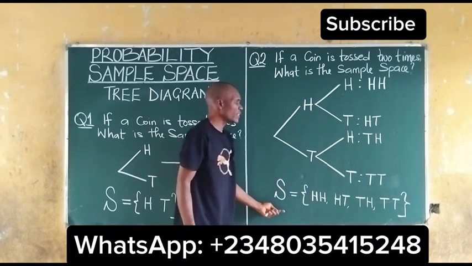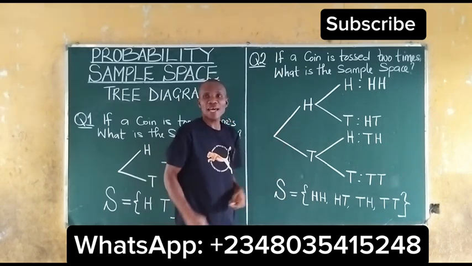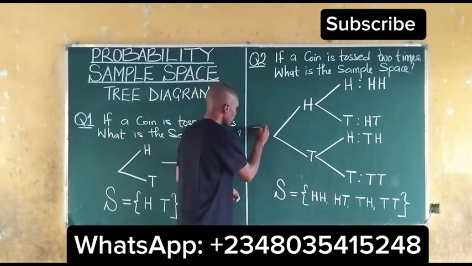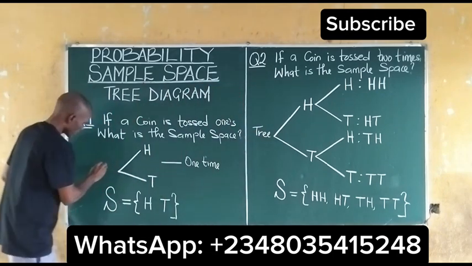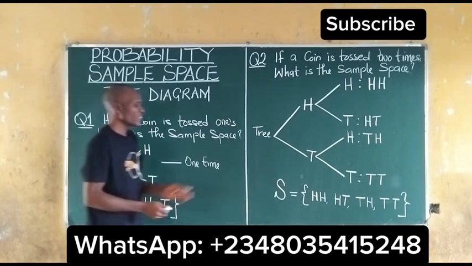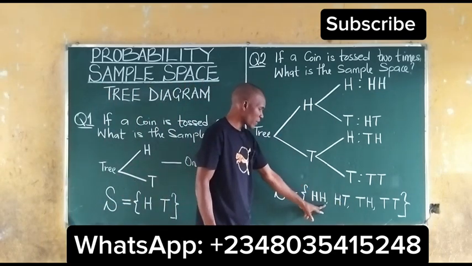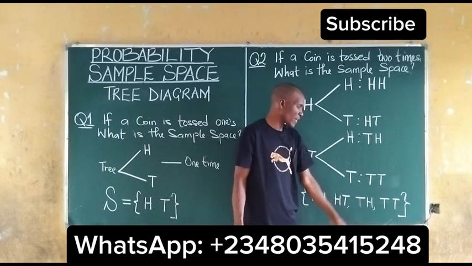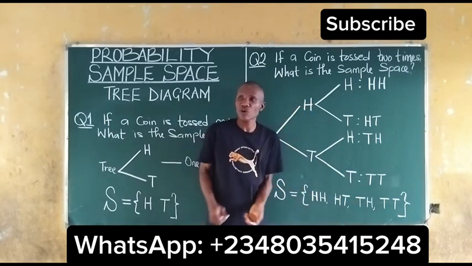This is the possible outcome we can get from these diagrams. We call this diagram a tree diagram. So this is how we can compute the sample space. Of course, if we toss two coins, we either get head, head, or head, tail, or tail, head, or tail, tail. That means four possible outcomes.